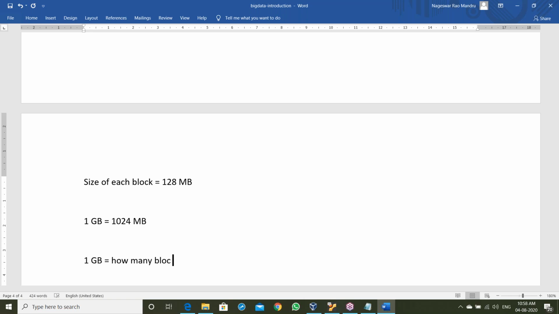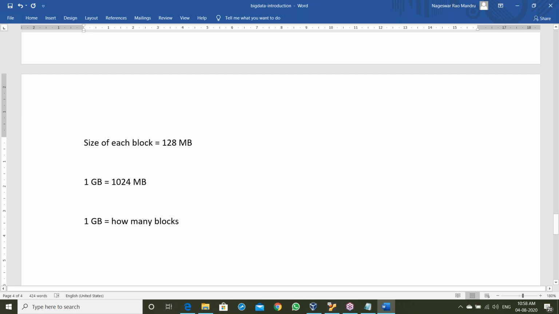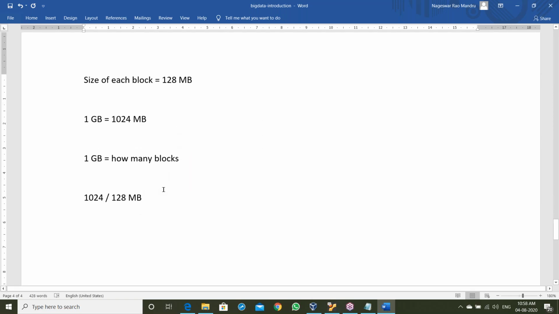The size of one block is 128 MB. So 1 GB equal to 1024 MB, that means 1024 MB divided by 128 MB. This is equal to 8.